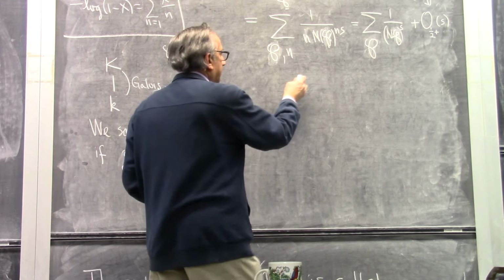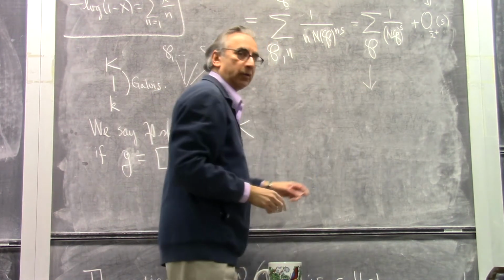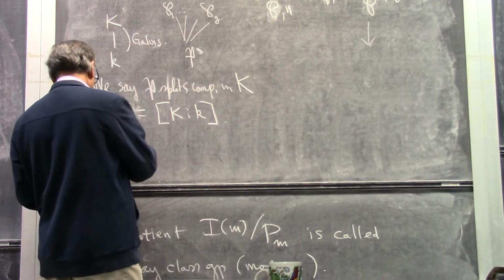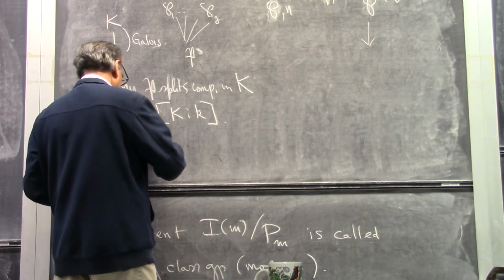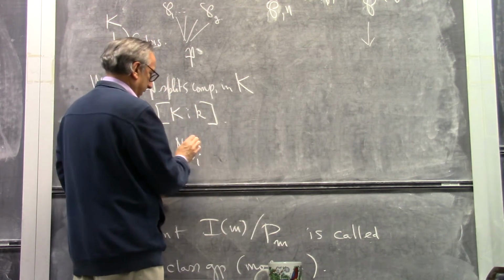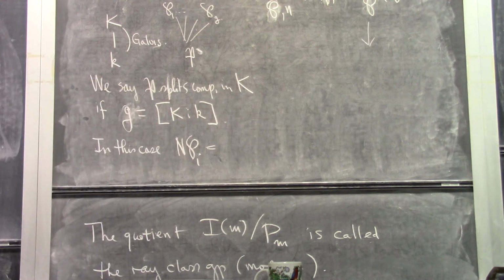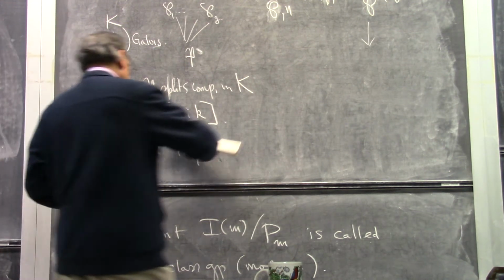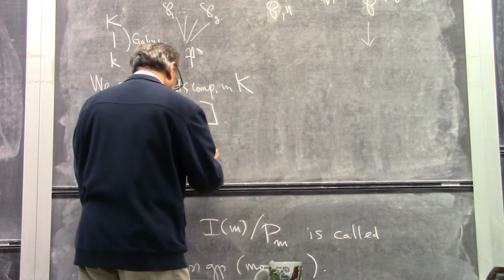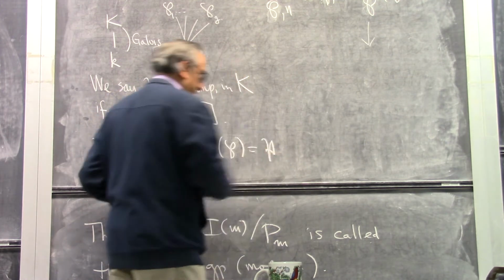Now in this sum here, we can separate out those prime ideals when they split completely. By the way, notice in this case the norm of script P_i, the relative norm, is the prime ideal.